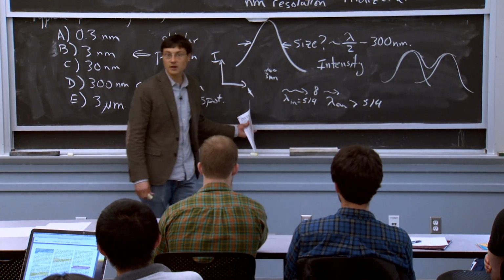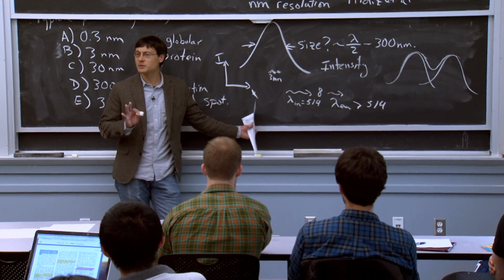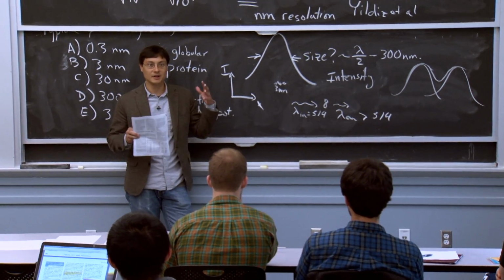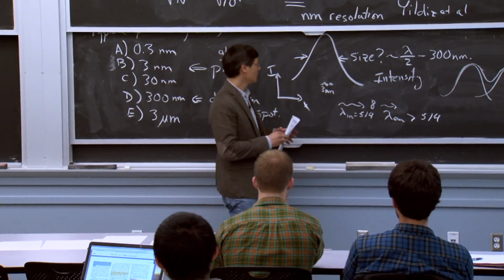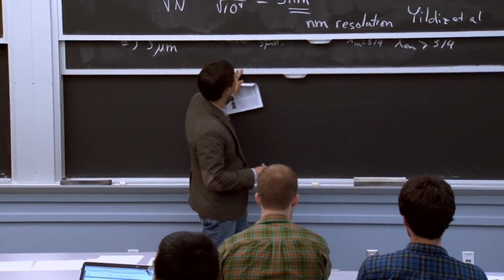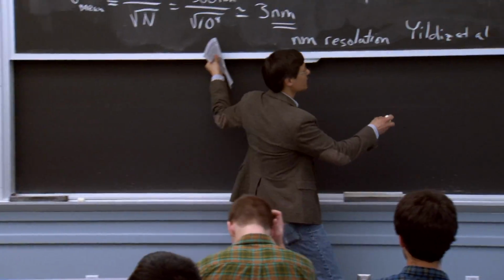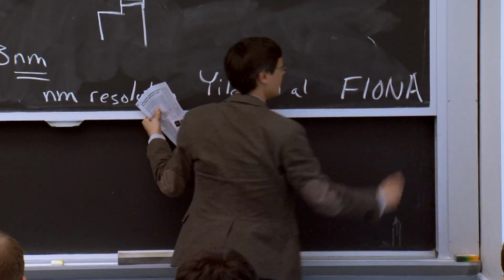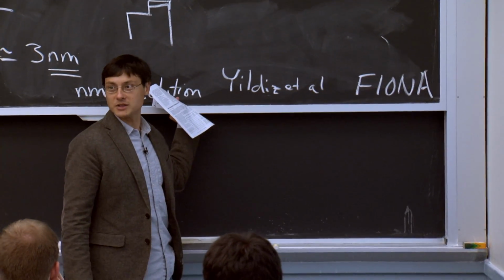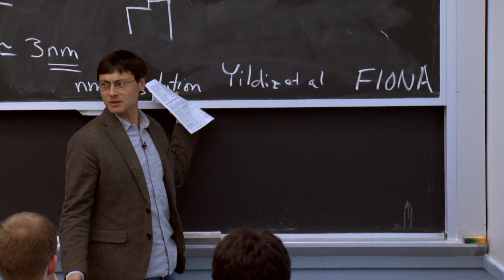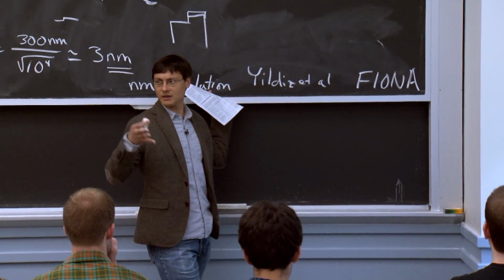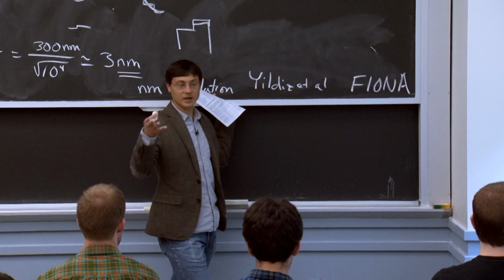Yeah, so all the microscopy guys really like to have fun with acronyms. So these guys, when they did it, they called it Fiona. Shrek, the green ogre-like guy, and then the redhead, Fiona.